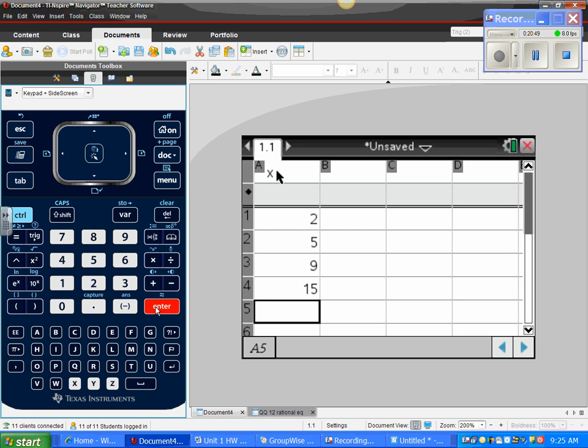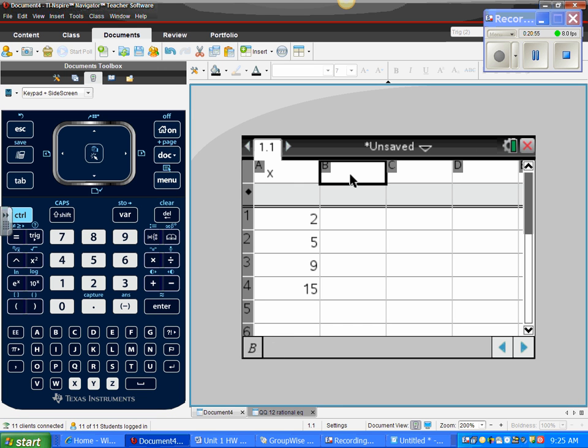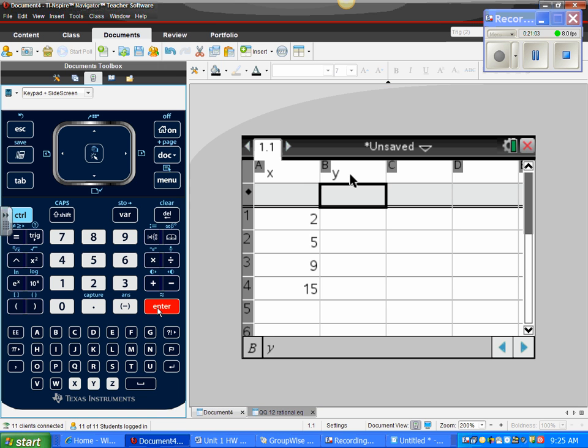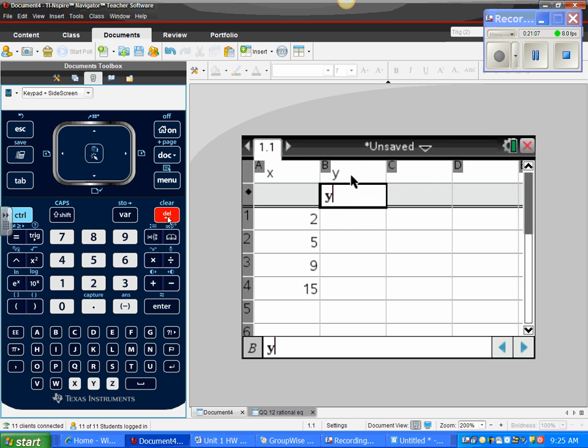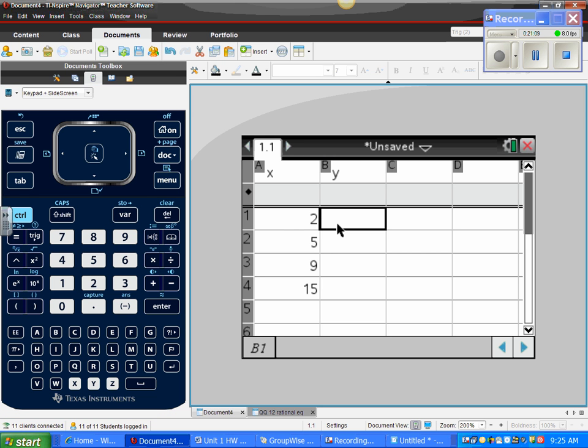Okay? Hit enter. And then go over to column B. What are you going to call this one? You're going to hit down to get to cell 1.